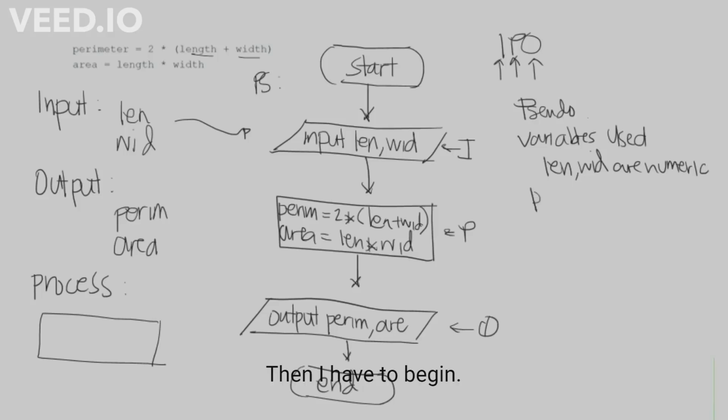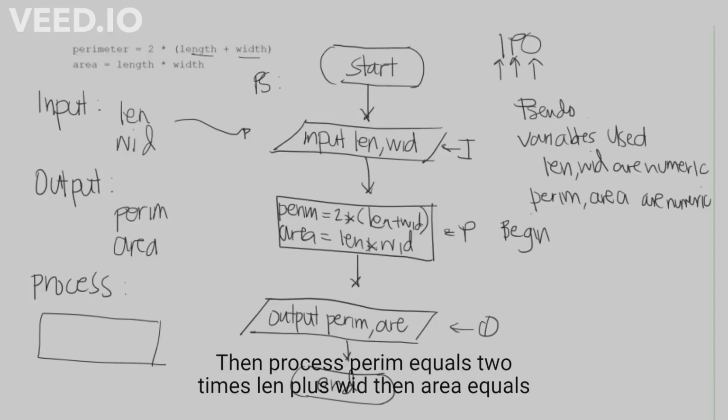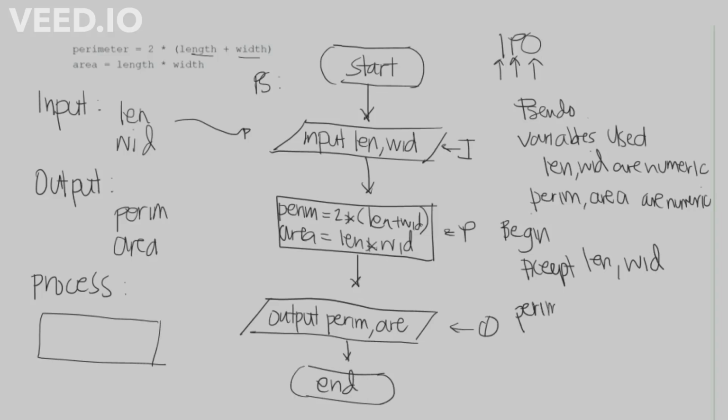Then I have the begin. Begin means the same as start. Then instead of input, I can use accept len, comma, width. Then process: perim equals 2 times len plus width, and then area equals len times width.